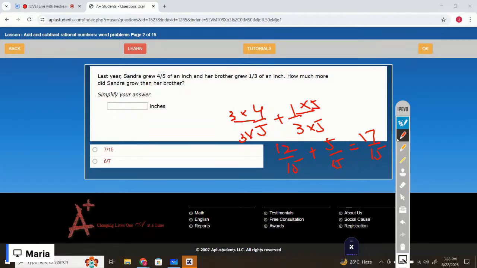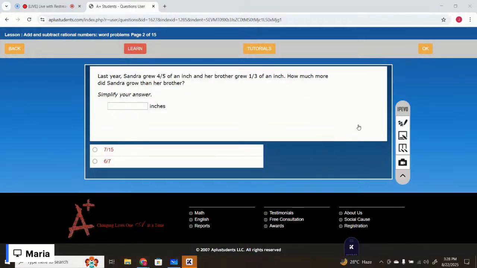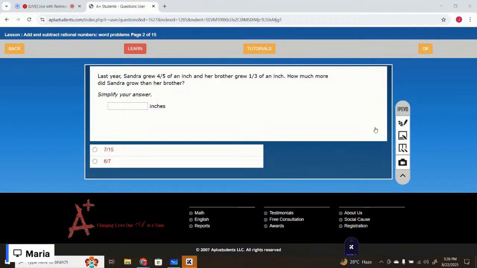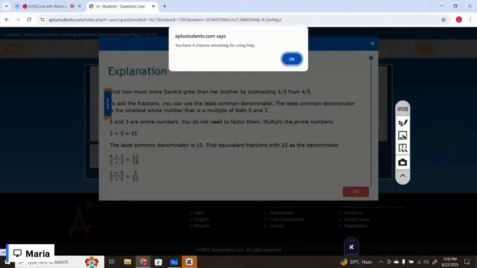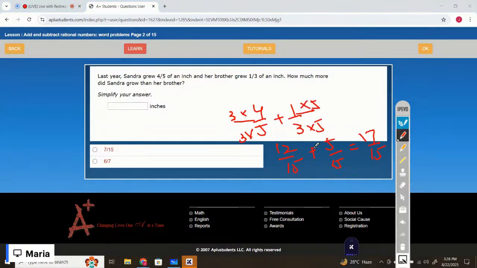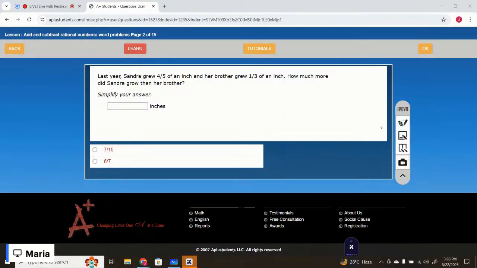But that is not among the choices. I think we need to subtract, not add, right? So that is 12 minus 5 is 7, 7 over 15, because we need to see how much Sandra grew more than her brother.